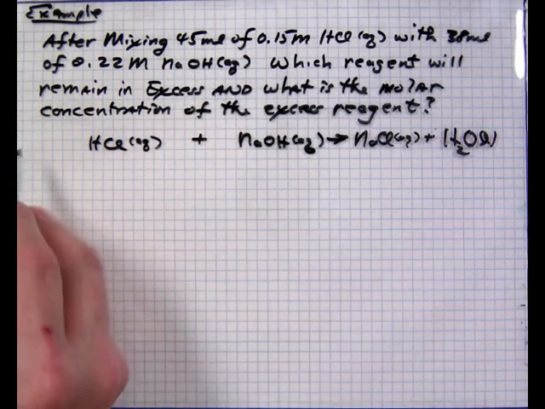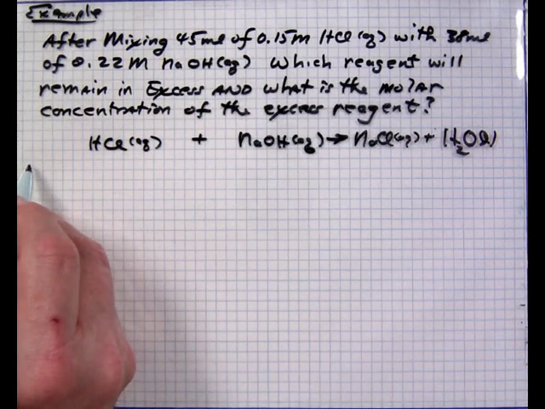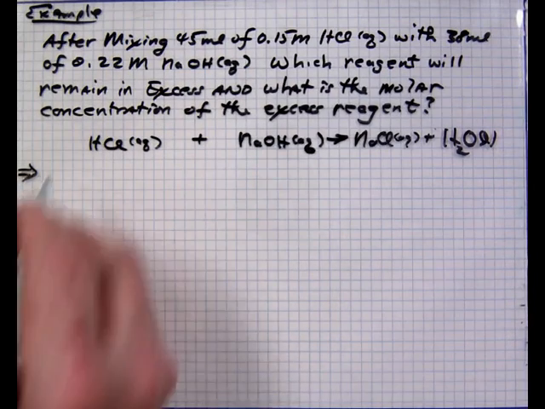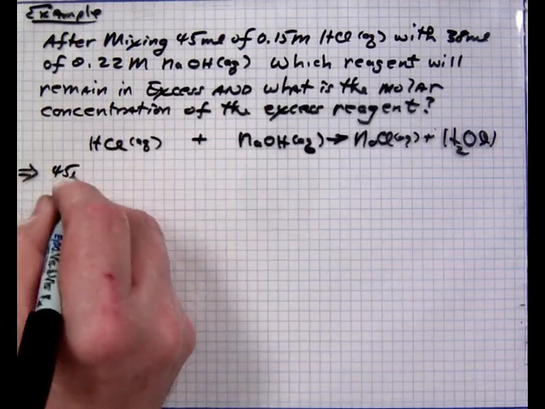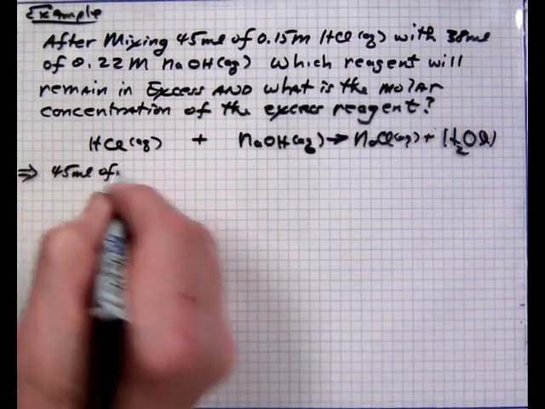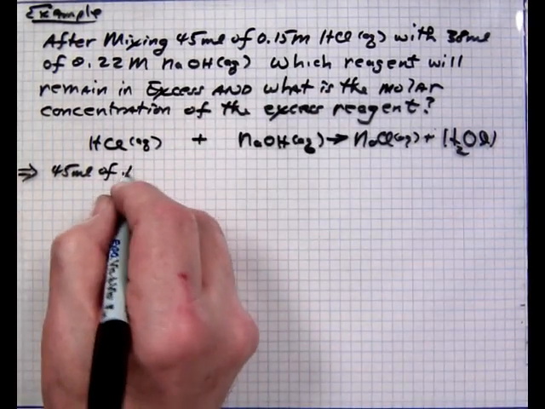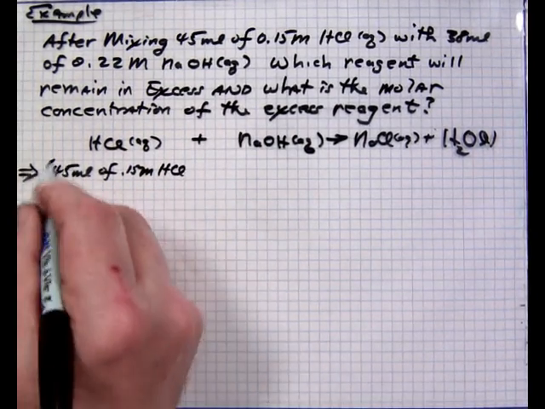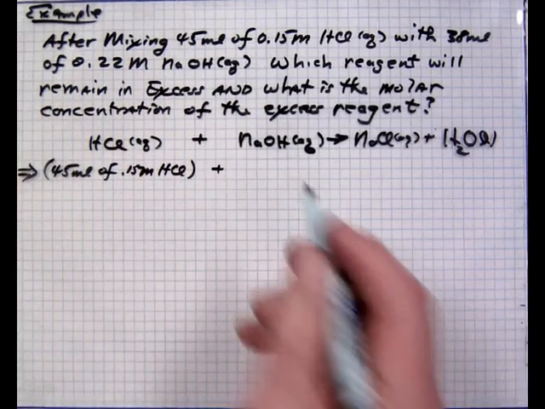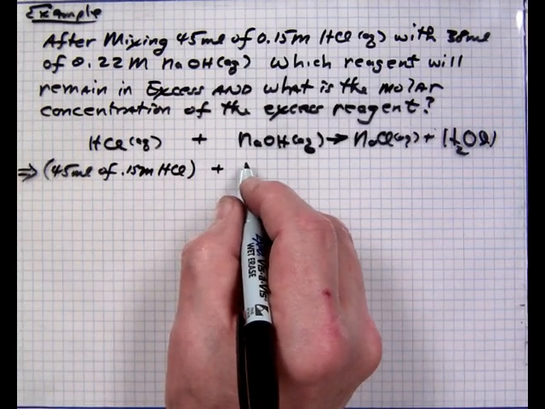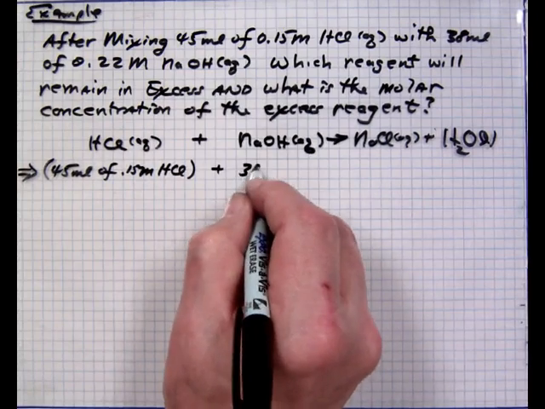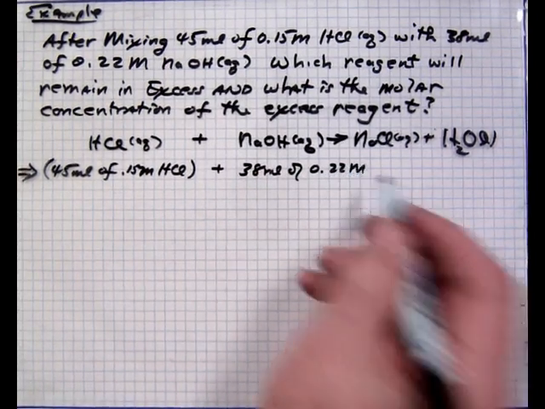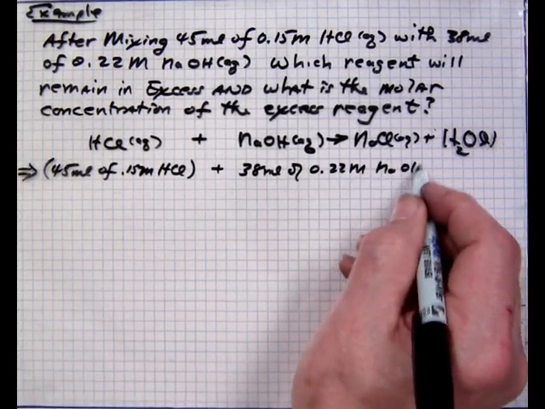First, let's mark down the acid solution. I do it like this: 45 milliliters of 0.15 molar HCl, plus I've got 38 milliliters of 0.22 molar sodium hydroxide.